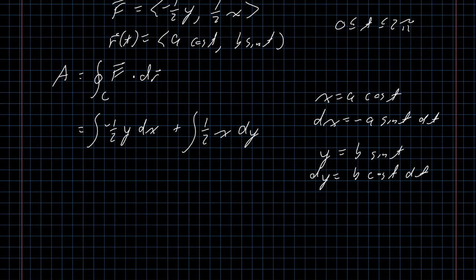And making that substitution, my integral is going to become the integral t goes from 0 to 2 pi of, well, we have a 1/2. y is b sine t. dx is -a sine t. The negative will cancel out the negative that's already there.